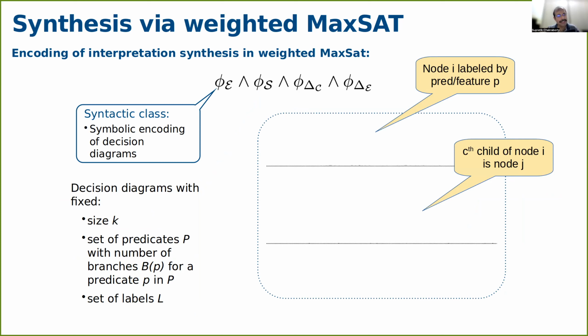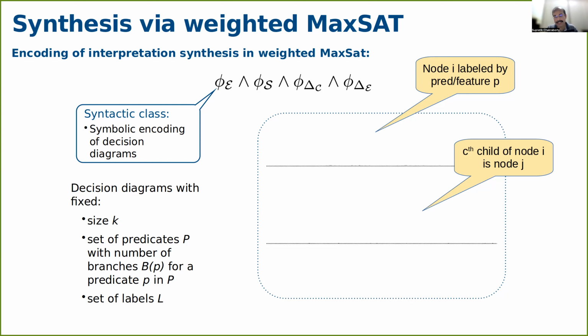And then there are branches, and each of those branches could go to any of the other nodes as long as you have a topological order. So this number, even for small values, let's say K is 20 and there are 10 predicates and 10 labels, really becomes very big. Which is the space of decision diagrams or interpretations in the syntactic class.